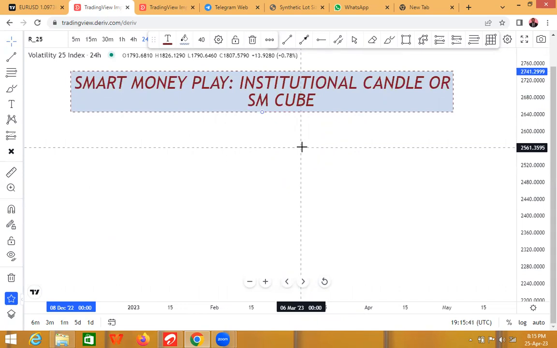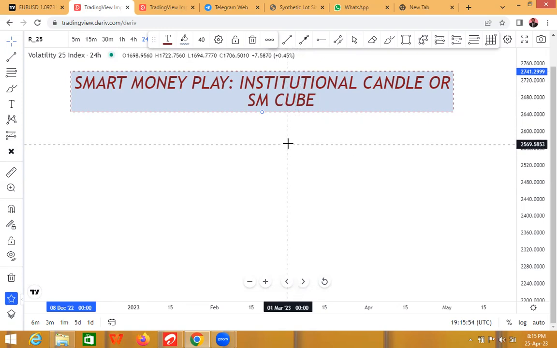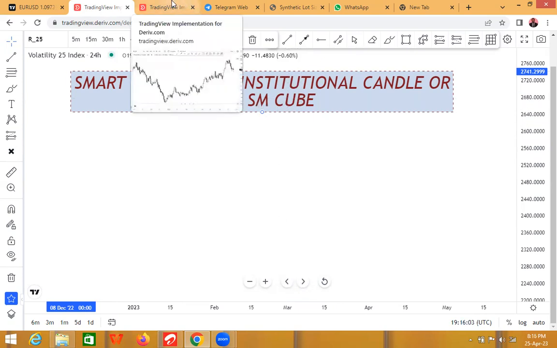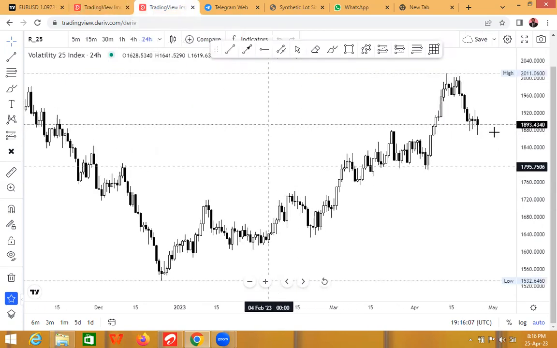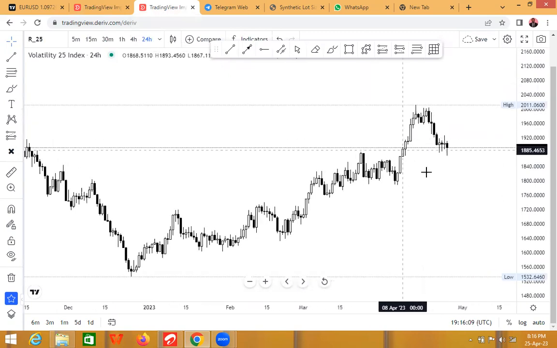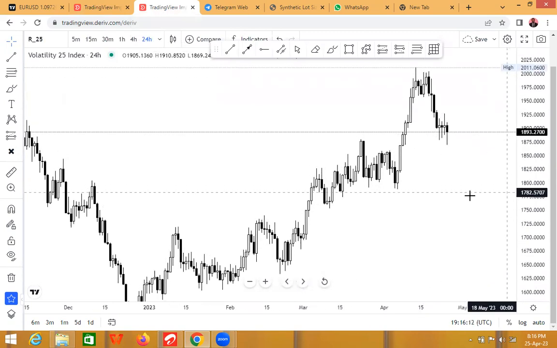I said during the last call that the mitigation candle, or order block, is the last bullish candle that captures liquidity, leading to an explosive move in a bearish market. The last bullish candle that captures liquidity in a bullish market, like this is a bullish market.